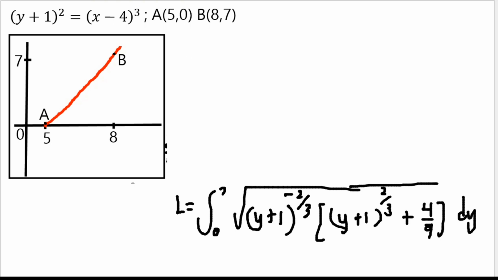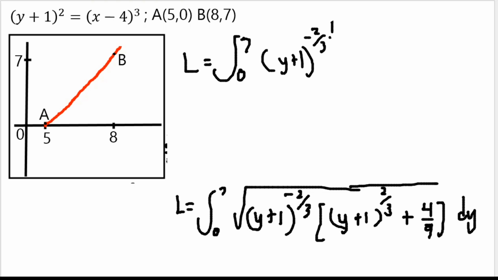So now, what we can do here is just use substitution. What we're going to do is just separate this. Wow, I'm too excited for u-substitution. So 0 to 7, then y plus 1 raised to the negative 2/3, and times 1/2.